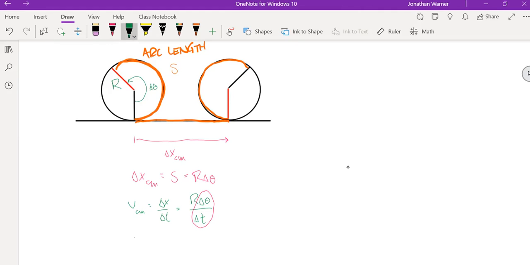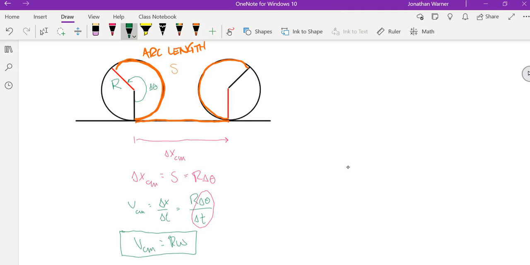So we can write this VCM as capital R omega. That's the fundamental criterion for an object that rolls without slipping: its center of mass must move at a speed equal to radius times omega.